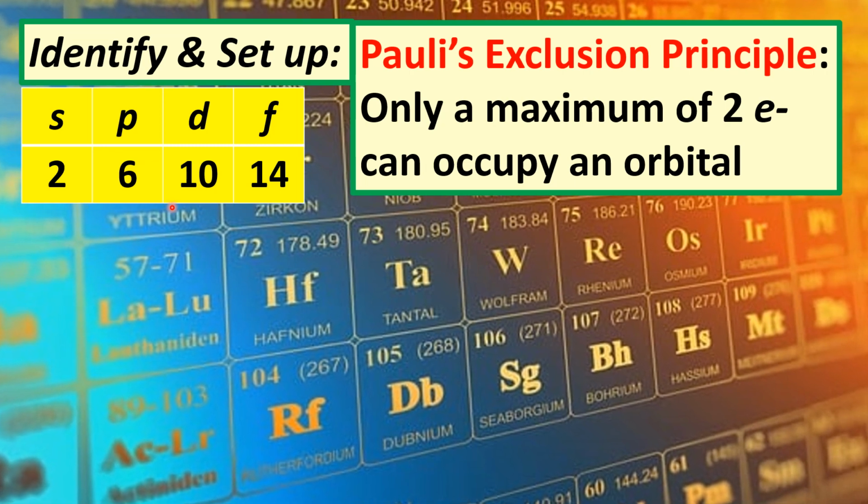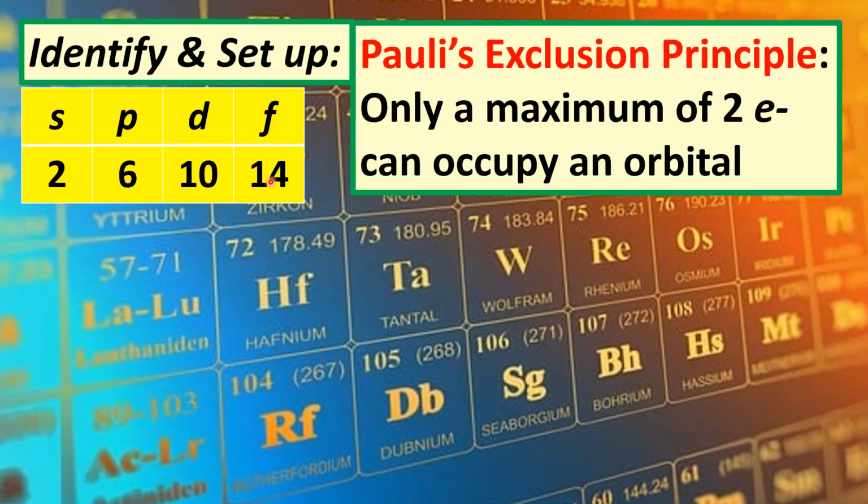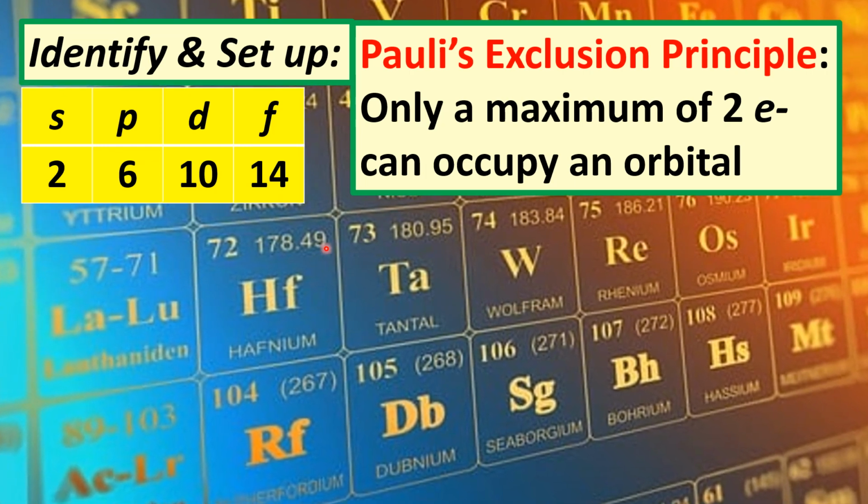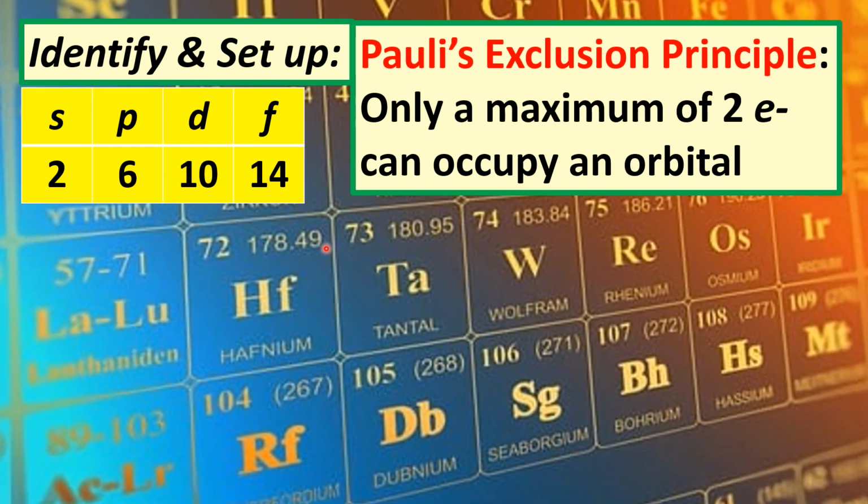So 7 times 2 gives us 14 as the maximum number of electrons that can occupy the f orbitals.